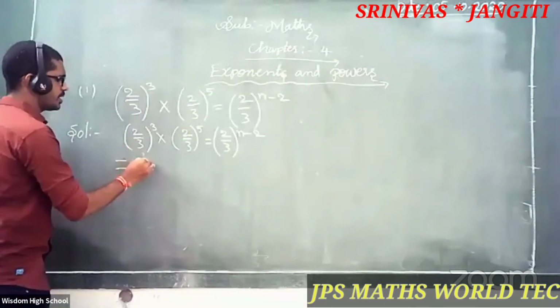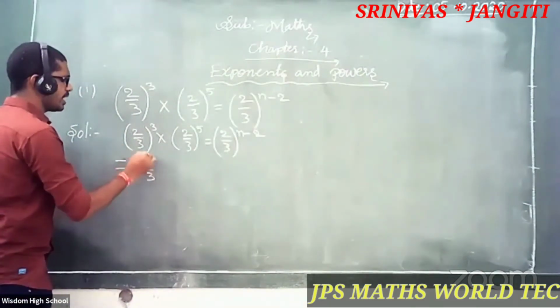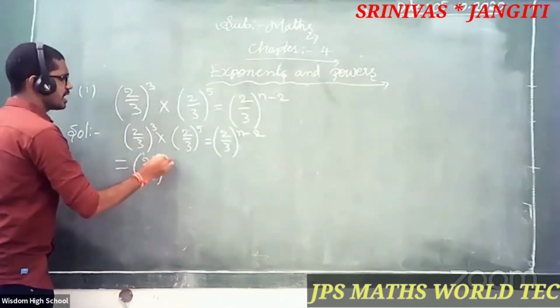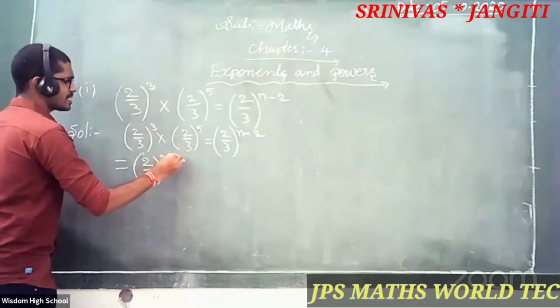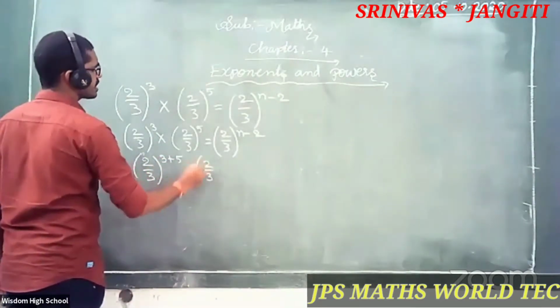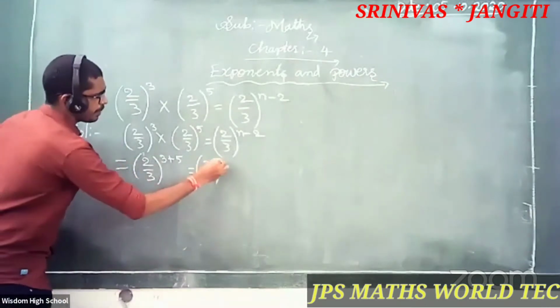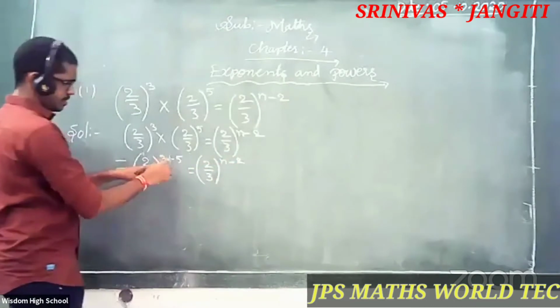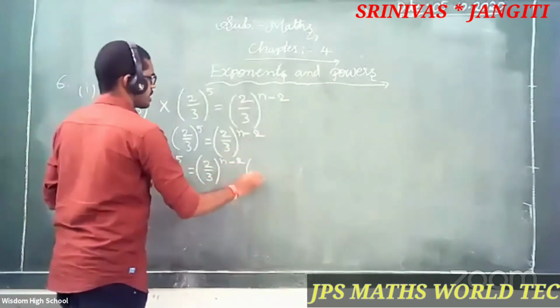Same. Observe here. (2/3) to the power of 3 plus 5 is equal to (2/3) to the power of n minus 2. So why is it like this? Yes, reason.